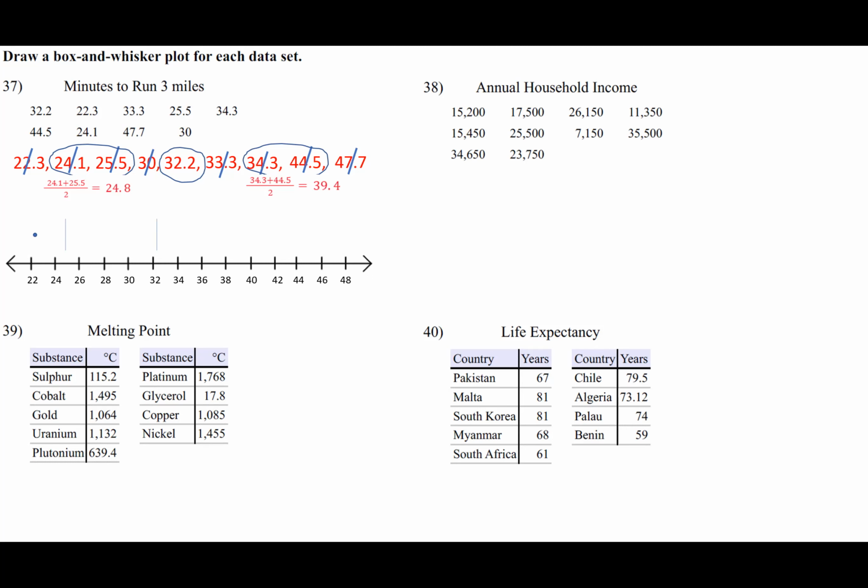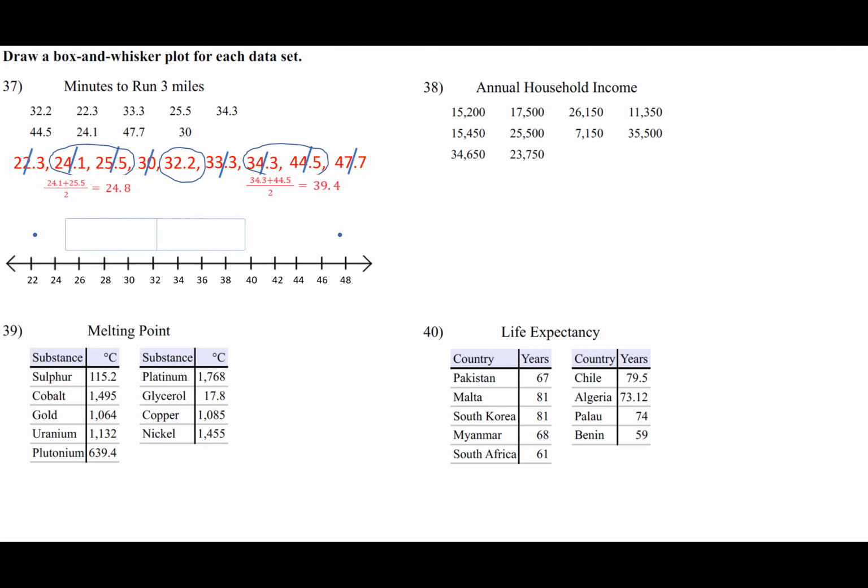And my upper quartile is 39.4. I'm going to represent it with a line as well. And the biggest number is 47.7. I represent that with a dot. Notice I represented the smallest number and the biggest number as dots, but my lower quartile, my upper quartile, and the median, I represented those as lines. What I'm going to do is create a box.